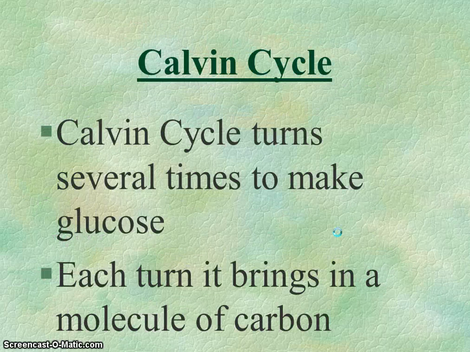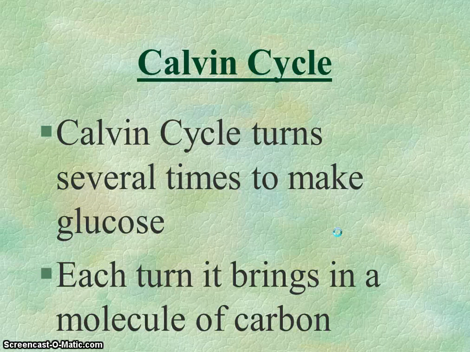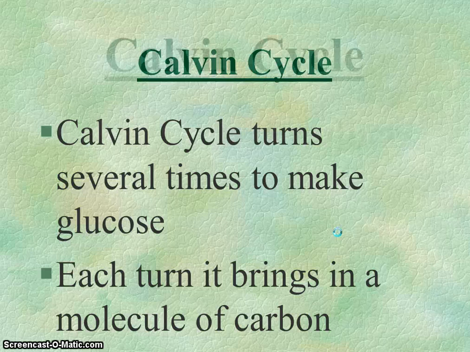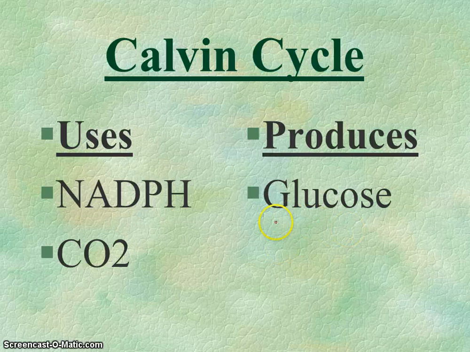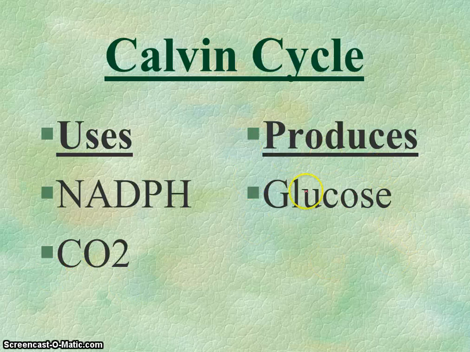So that Calvin cycle has to turn several times to make one molecule of glucose. Each time it turns, it does bring in a molecule of carbon. So to sum it up, we need the NADPH that we form with the light reactions, the CO2, which is entering into the leaf, and it's going to produce glucose.